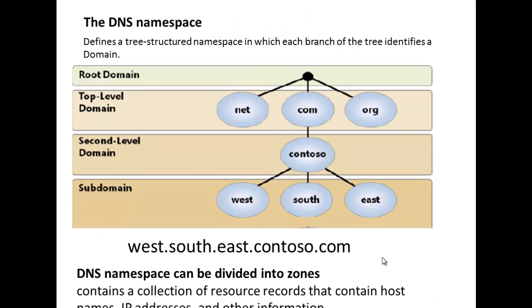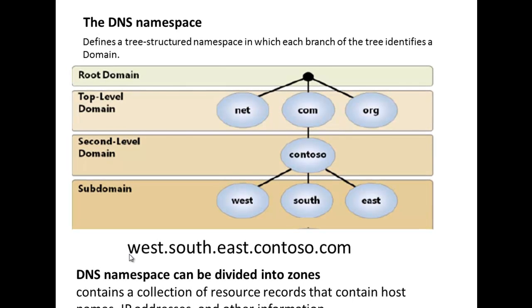Let us go back a bit and look at the zones again. We have the domain name being Contoso, and within Contoso we have west, south, and east. We also have the Contoso zone.